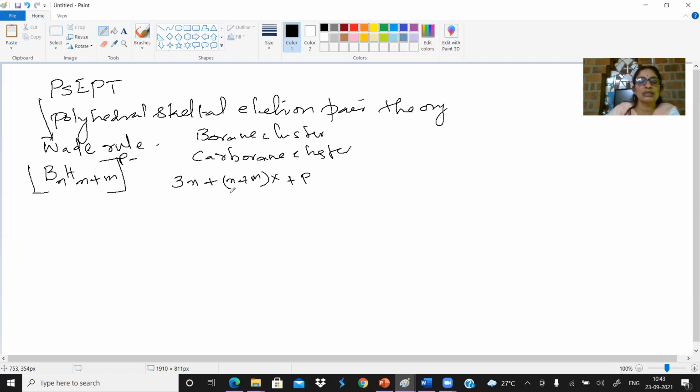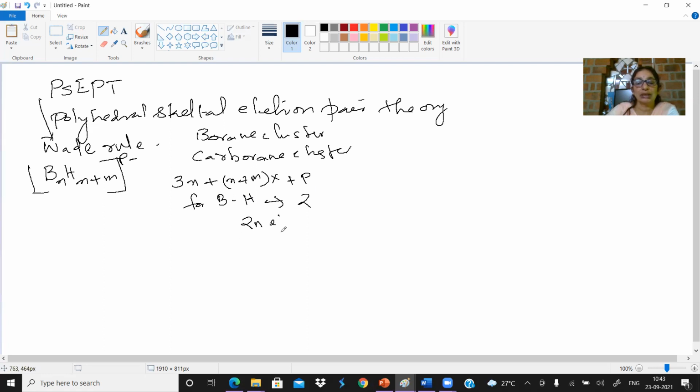This is the total number of valence electrons. Now we know that for the formation of each BH bond, 2 electrons are required. So when there are n boron atoms, 2n electrons will be used.